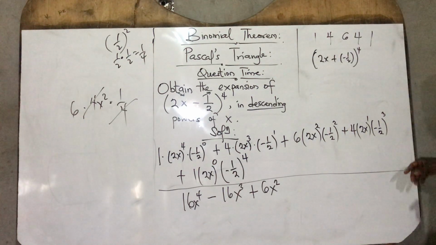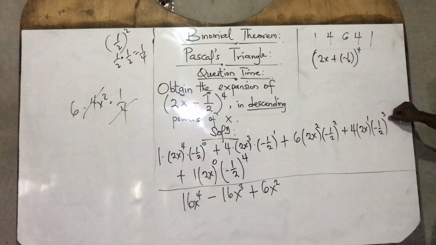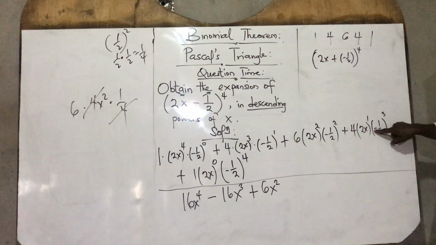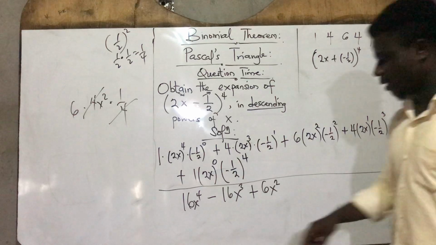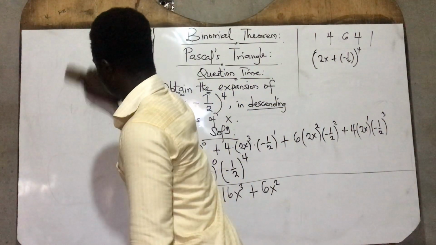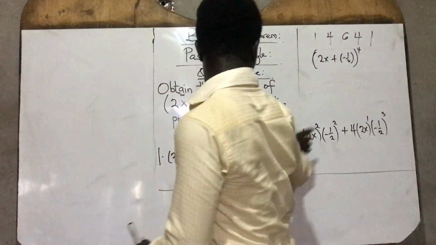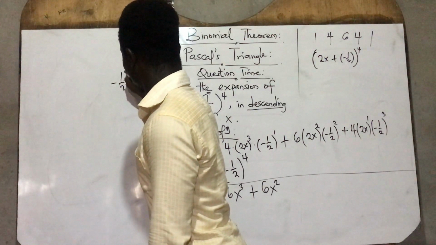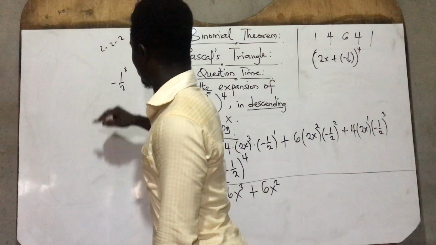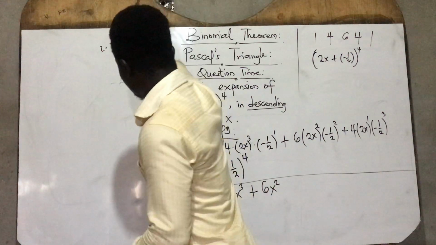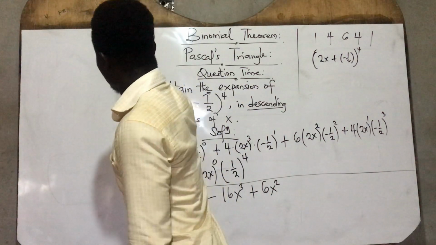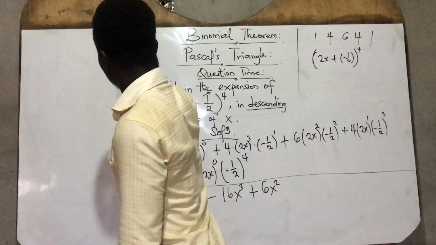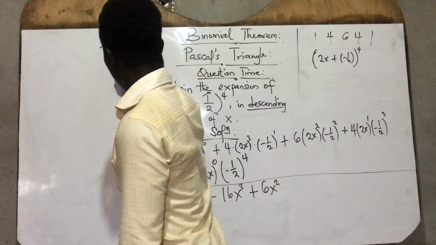Then now here, you can see this one is 3. It's an odd number. So the negative still remains. So I'll get negative half to the power 3, which is 2 times 2 times 2, right? Or let me explain this as this. So I have half times half times half. 2 times 2 times 2, which is 1 on 8.